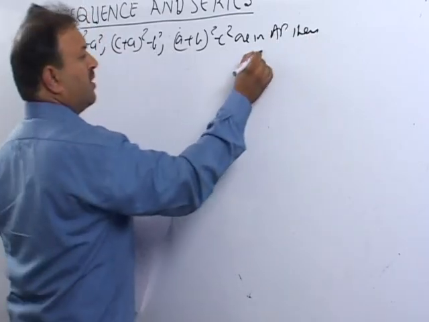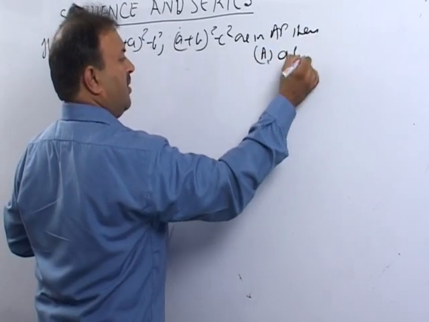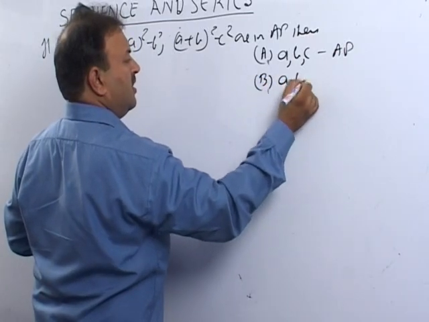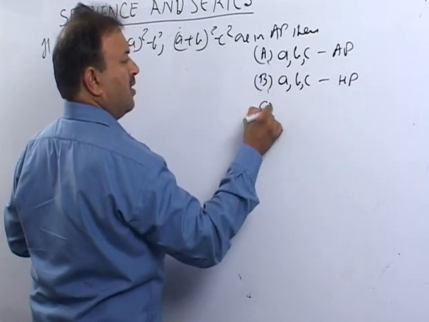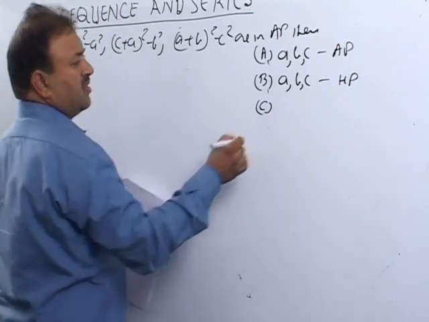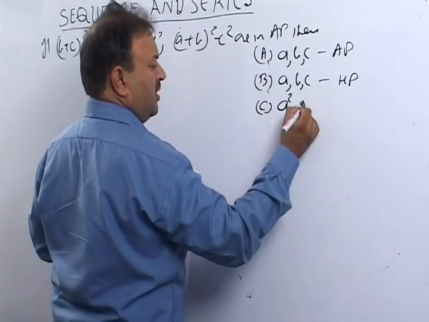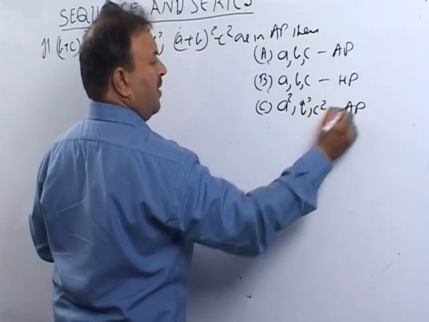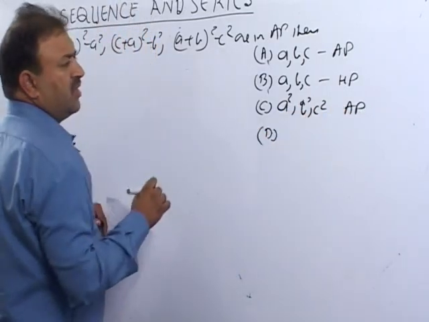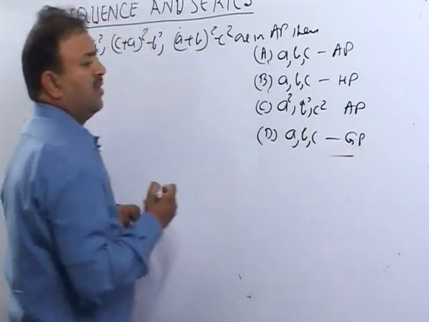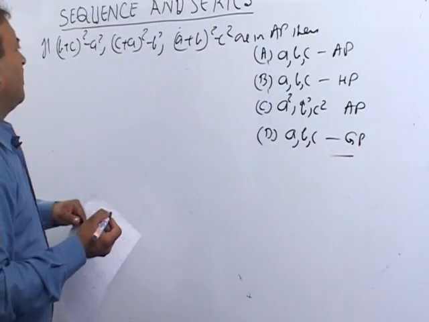Then A option, A, B, C are in AP. B option, A, B, C are in HP. C option, it comes out to be A square, B square, C square are in AP. And the D option is, A, B, C are in GP. Suppose these 4 options have been given out.